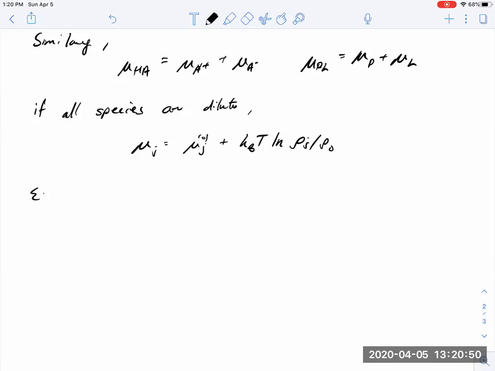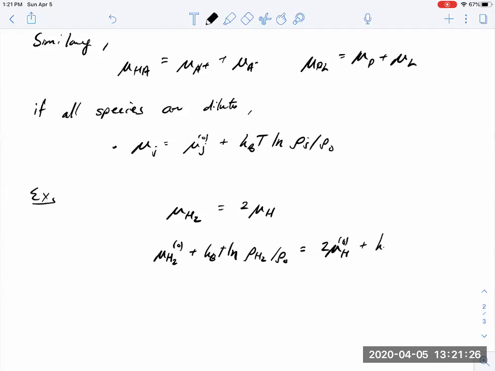So for example, considering our H2 gas dissociation, it would mean the fact that the chemical potential of H2 equals twice the chemical potential of H. If we substitute in this dilute solution form for the chemical potentials, we have that the chemical potential of H2 in that standard state plus kBT log the density of H2 must be equal to twice the standard state chemical potential of H plus the term that has to do with its density.